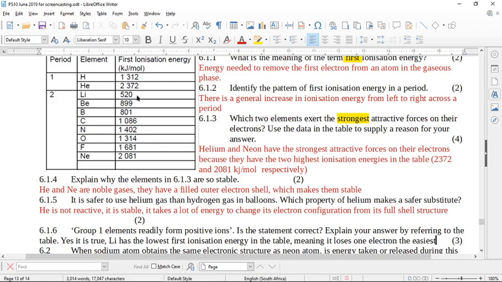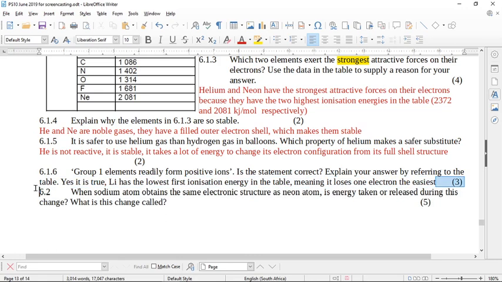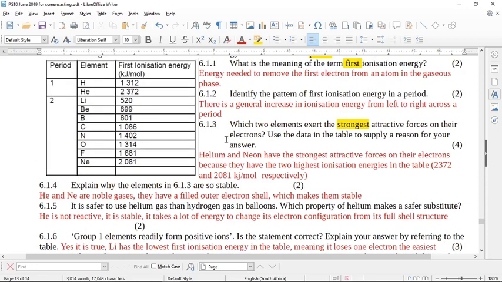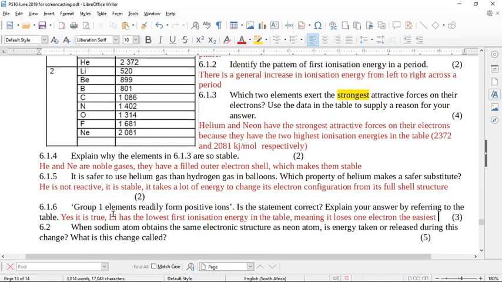If you only have to put in a little bit of energy to turn lithium into a lithium ion, because ionization energy is the energy to remove an electron. And hydrogen's not really a good example, it's not really an alkali metal. But if you don't know that group 1 is vertical, that the periods are horizontal and the groups are vertical, you will be very confused here, which is why I've said to you before, you need to know this.